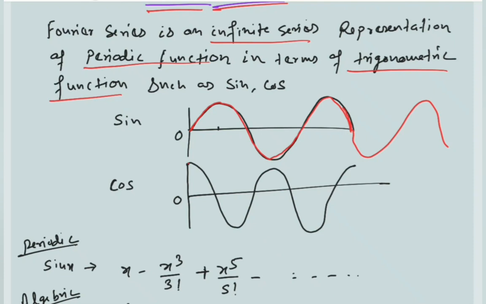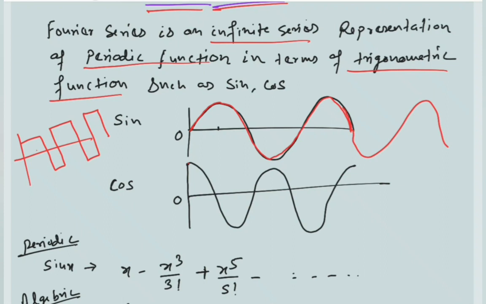So this is a sine curve and this is a periodic function. A periodic function is a function which repeats. It doesn't mean the cycle has to be in this curvilinear form. It may be like this, it may be like this. It means that after some interval of time this cycle will repeat. That is a periodic function.